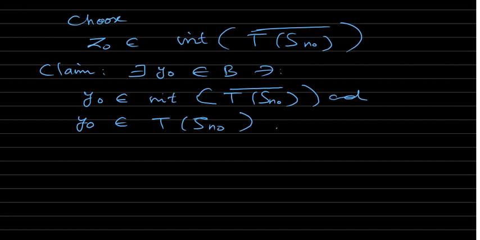Z naught is in the closure, but it may not be in T of S n naught itself. I want to find the point Y naught which is in T of S n naught and also in the interior of the closure of T of S n naught. So let's see how this happens.